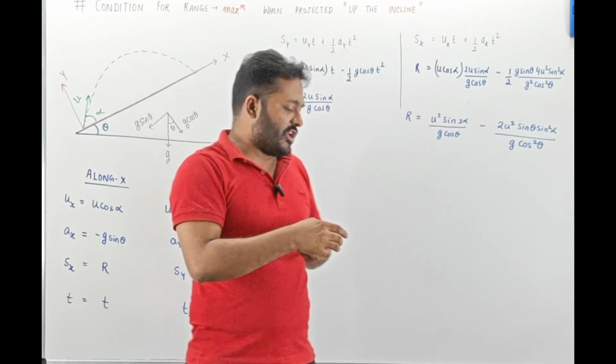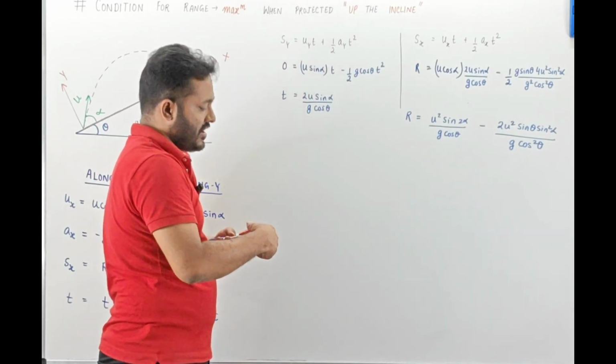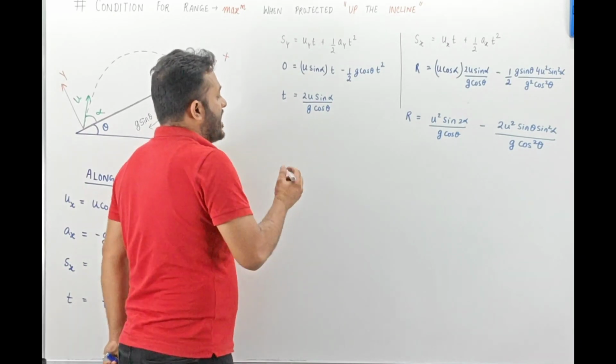So if we differentiate this expression with respect to alpha, we are calculating dR by d alpha.